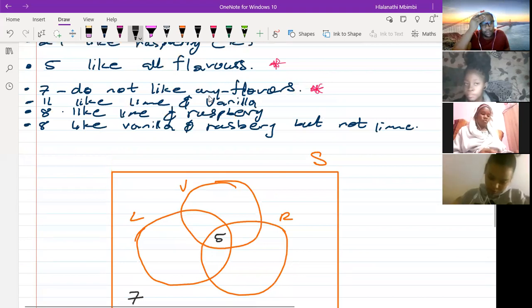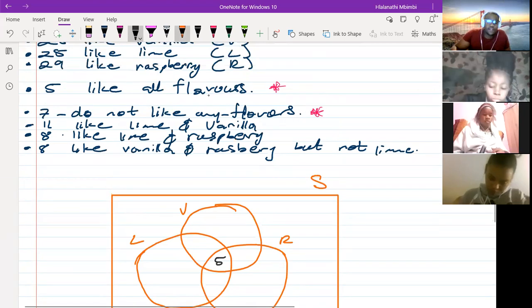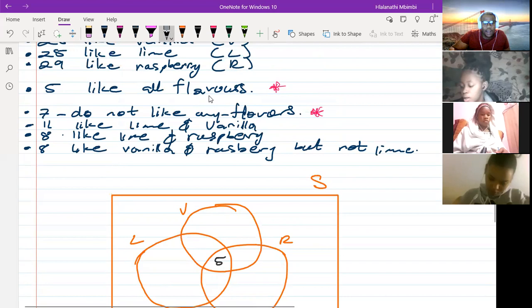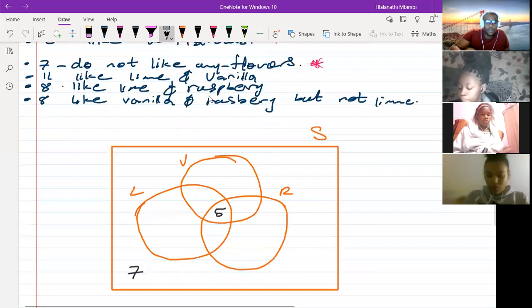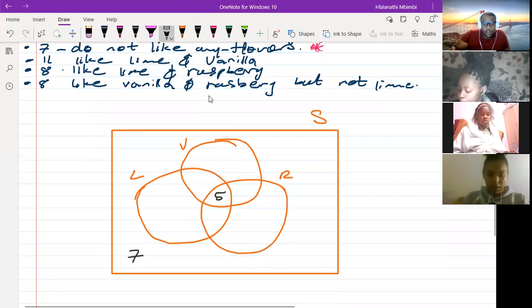Then you can come to the people that like 2 things. For instance, the people that like lime and raspberry should be here. And ideally, how many of them are there?